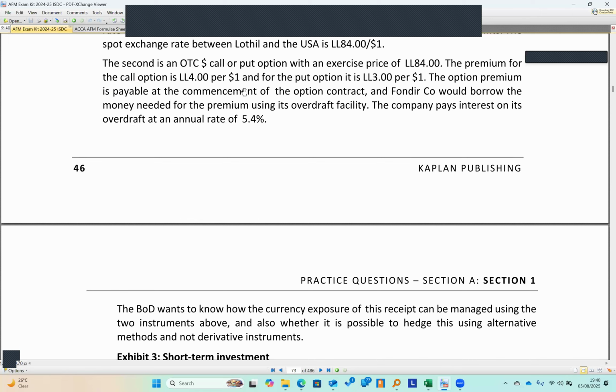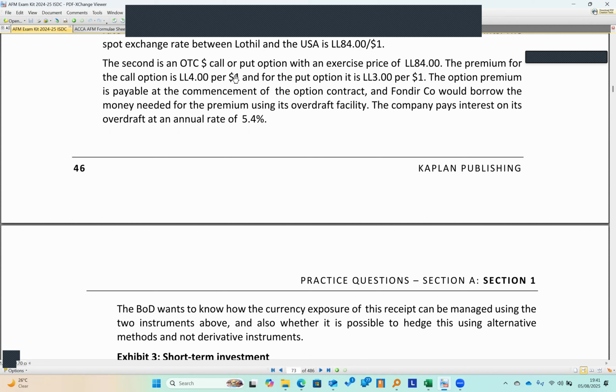Now, we need to convert to dollars, so we kind of have to buy dollars. If we are going to buy dollars, then we are buying the base currency where they are quoting it. This is how they are quoting the options. They are quoting it per dollar, so this is the base currency. So when you are going to buy the base currency, you get call options.